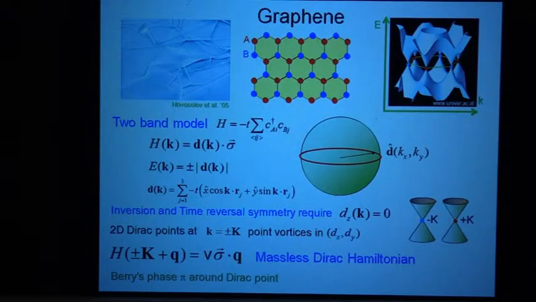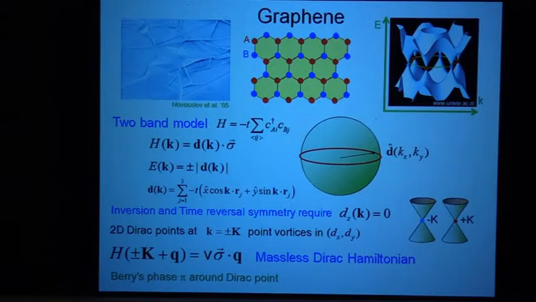Now, one thing that's clear, since again it's a bipartite lattice and I only have A to B hopping, is that it has the same kind of chiral symmetry that the Su-Schrieffer-Heeger model had, which means that the D vector lives in the XY plane. Now the D vector is a function of a two-dimensional momentum, so it's sort of like an XY model.